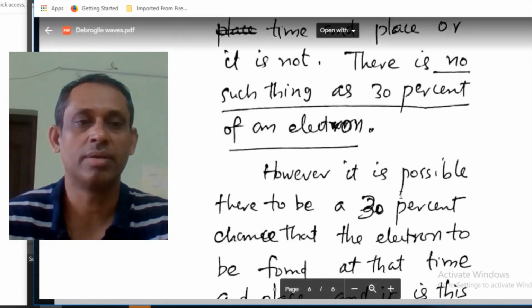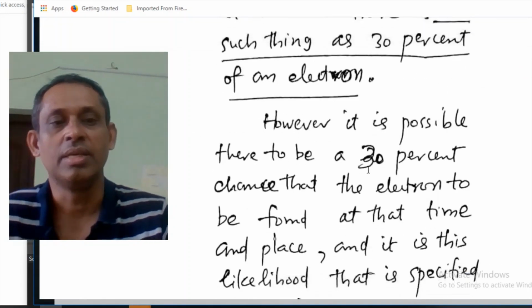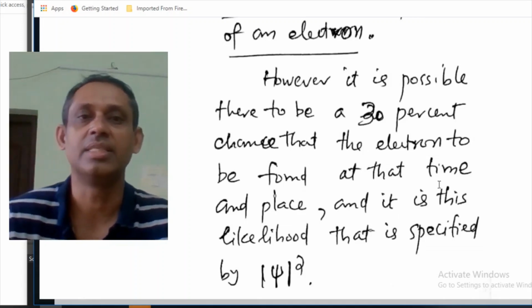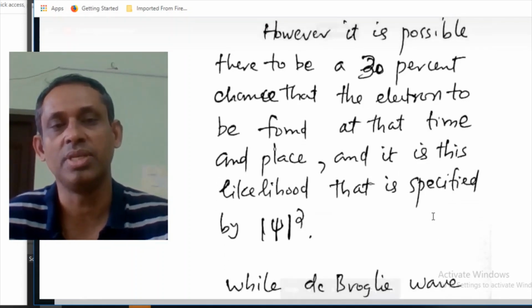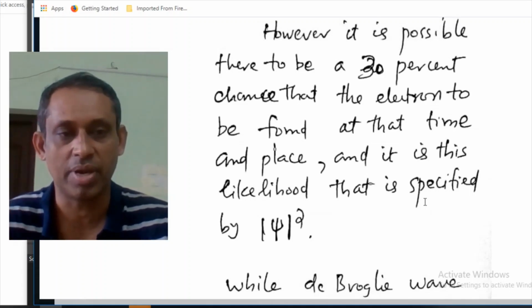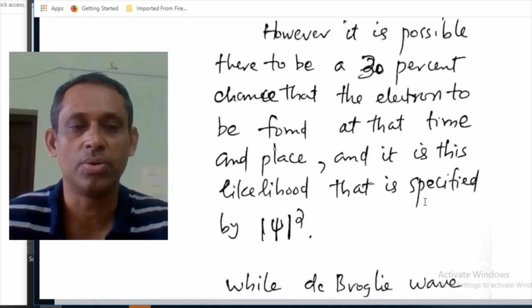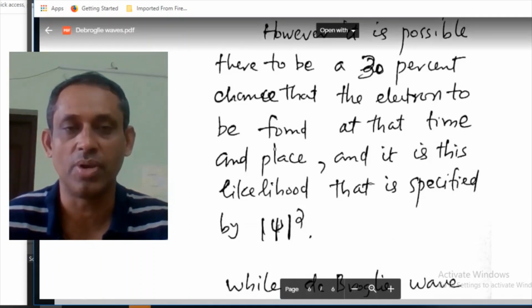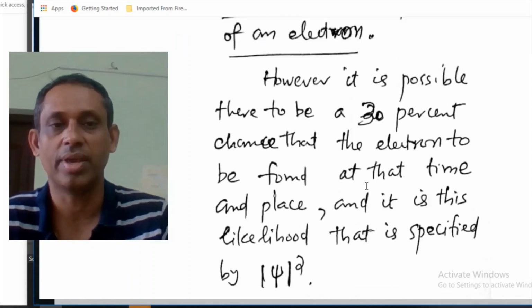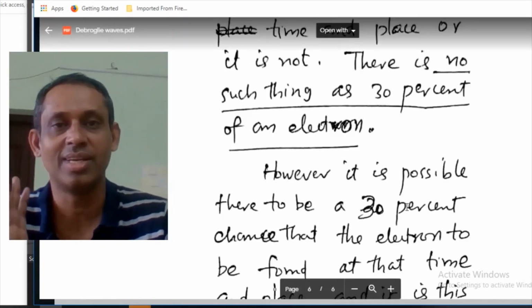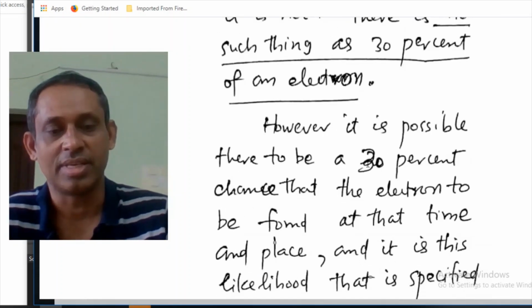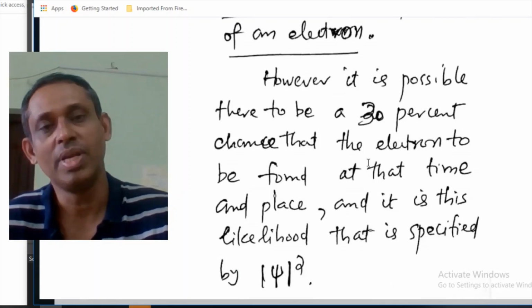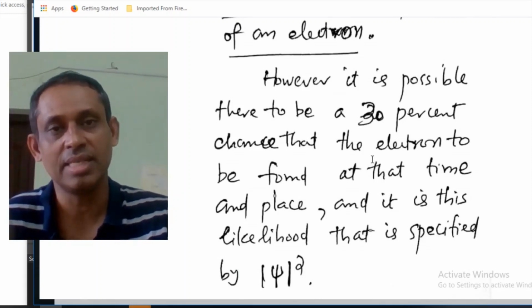Then what is meant by that 30%? The 30% means that there is a 30% chance that the electron will be found at that time and place, and it is this likelihood that is specified by the probability density. So the particle itself is not spread out in space. The probability for finding the particle is what is spread out.